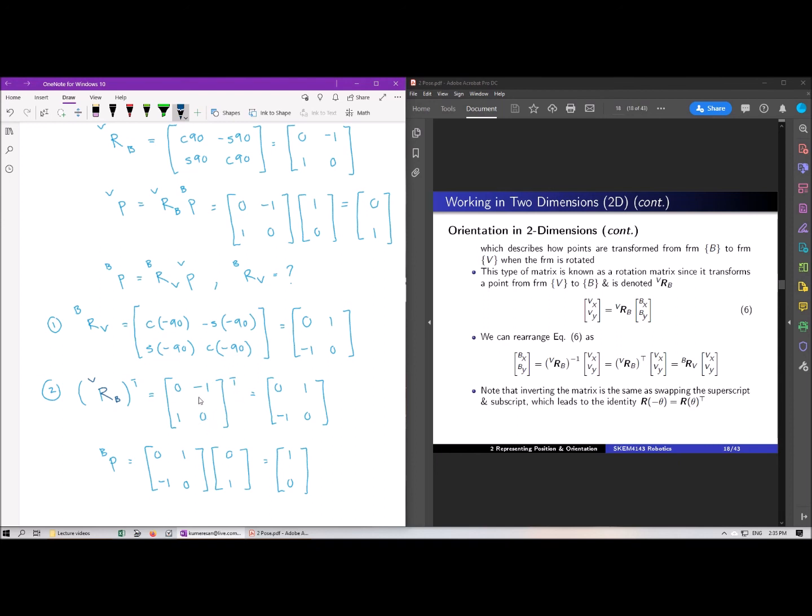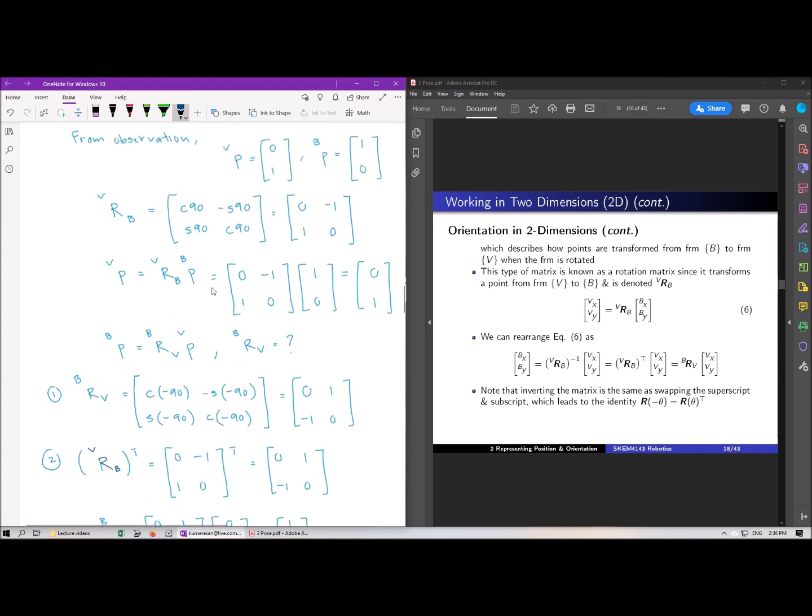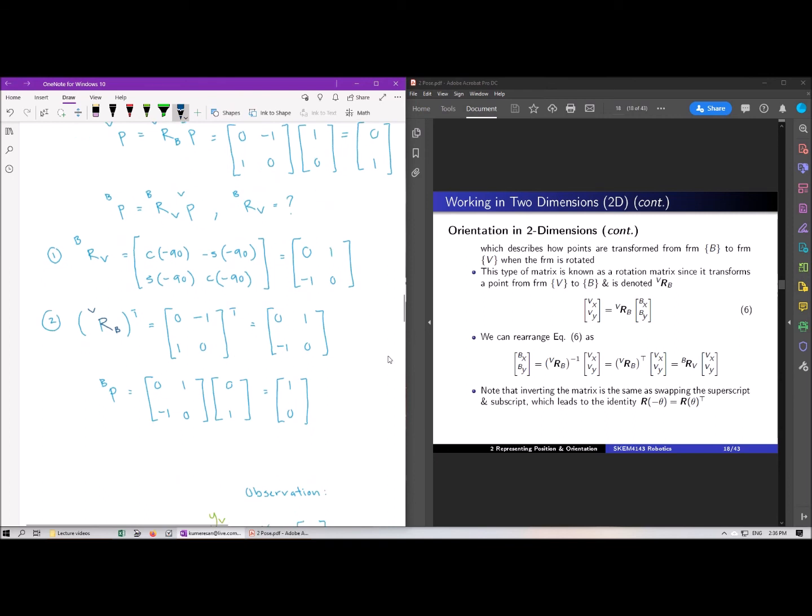If we transpose R 90 degrees, we get this. And this one is the rotation with minus theta, 90 degrees but minus. So it is equivalent. This statement is correct.